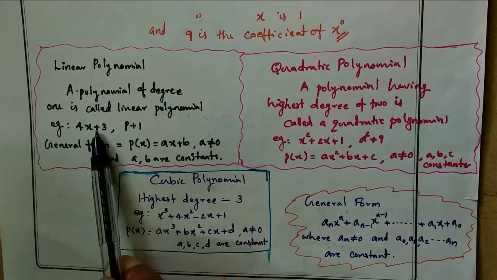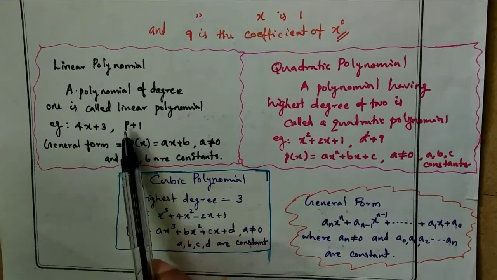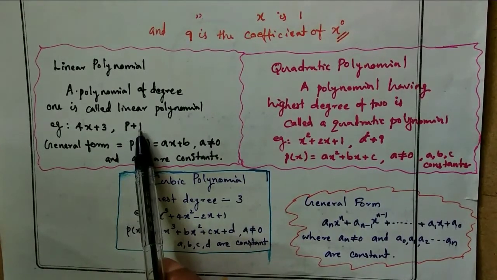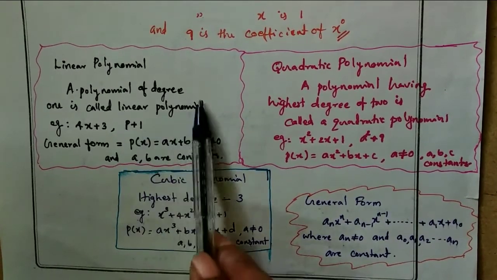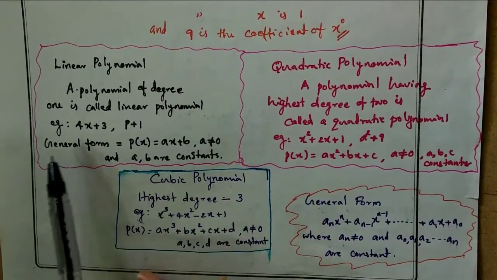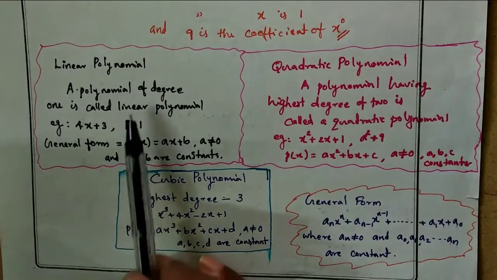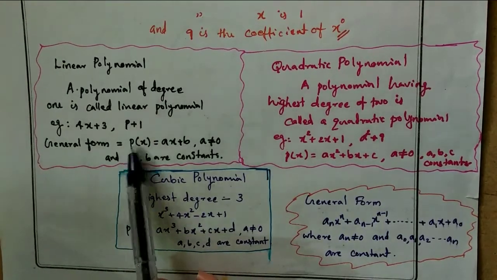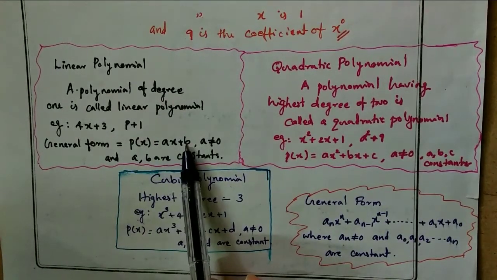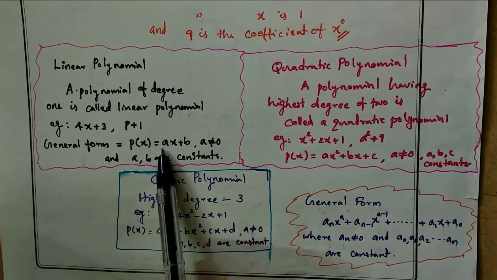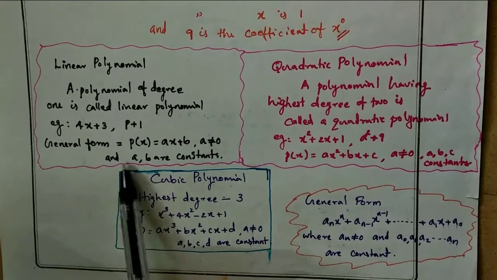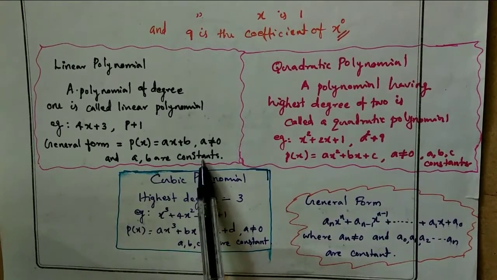So 4x plus 3 is called a linear polynomial. Another example, p plus 1. Here the highest power is 1, so that is also a linear polynomial. The general form of a linear polynomial is p of x equal to ax plus b, a not equal to 0, a is never 0, and a, b are constants.